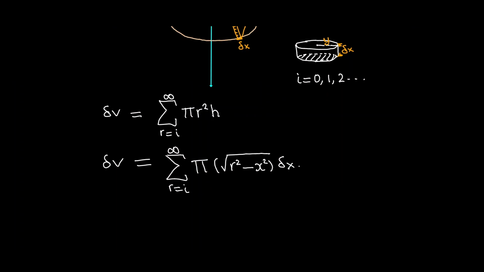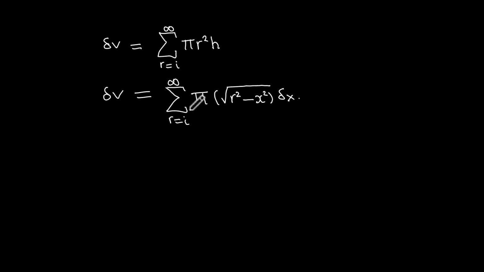So from here, we can now get the whole volume of the sphere by integration. So we can integrate the left-hand side, and delta V changes to dV equals, the integral sign will replace this sigma notation, and we are moving from 0 up to r.